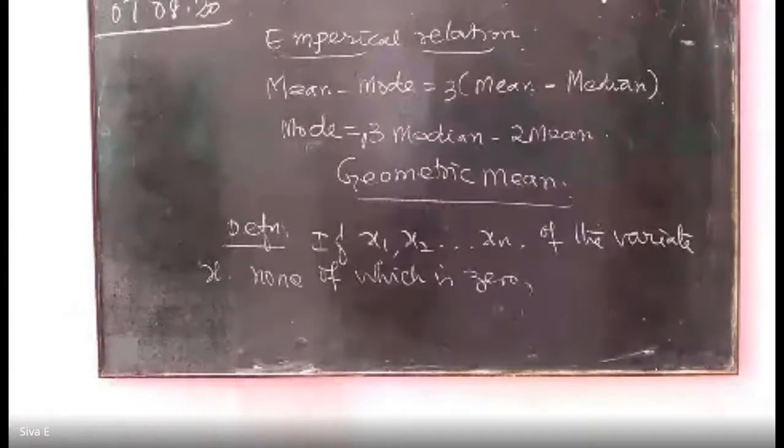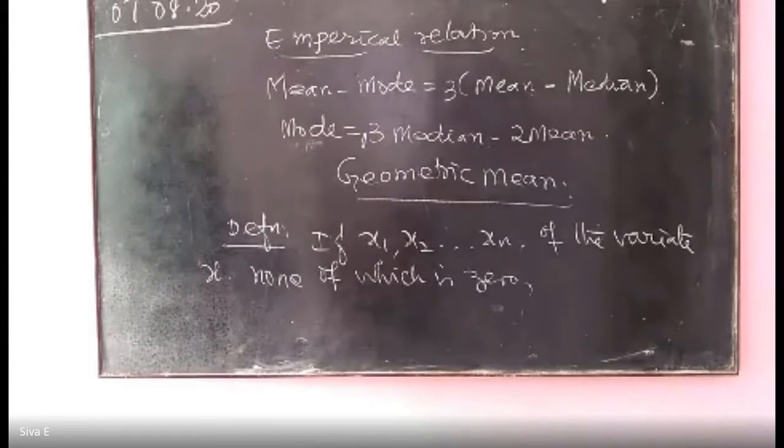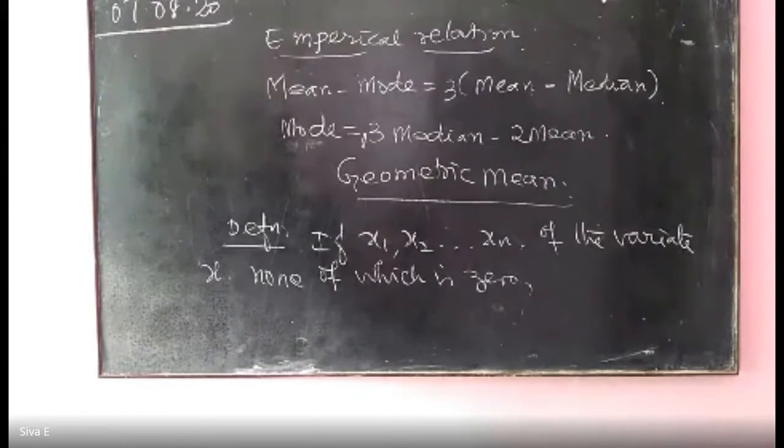What have you written? Variate. It is like a variable: x1, x2, ..., xn are the variable values of the variate x, none of which is 0.